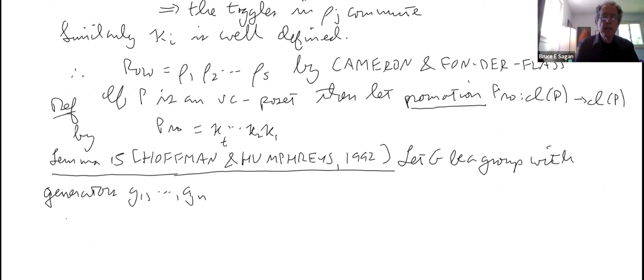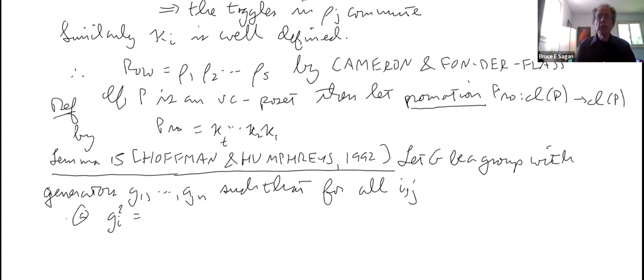such that for all i and j, two axioms. First of all, they have to be involutions. And second of all, they commute most of the time.